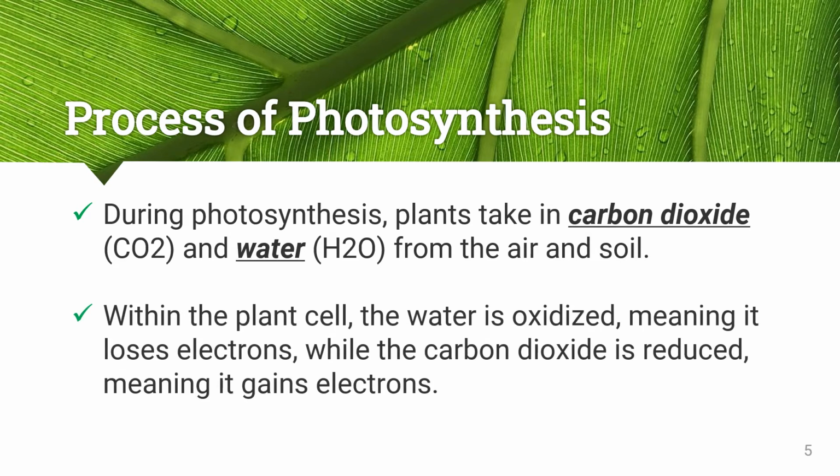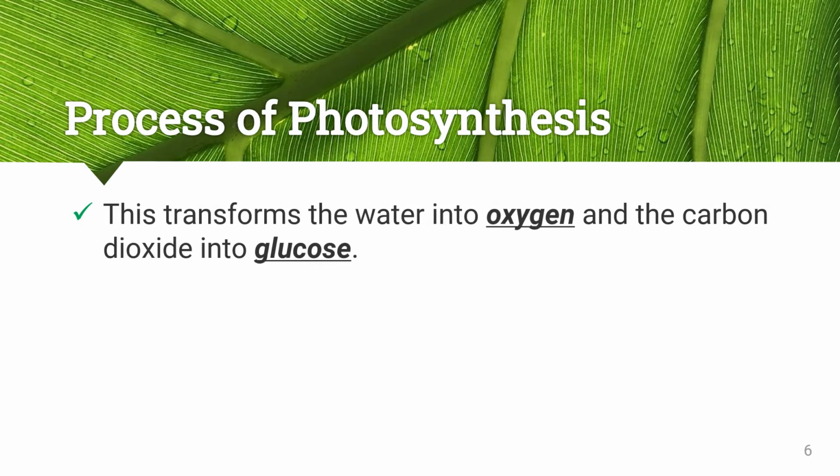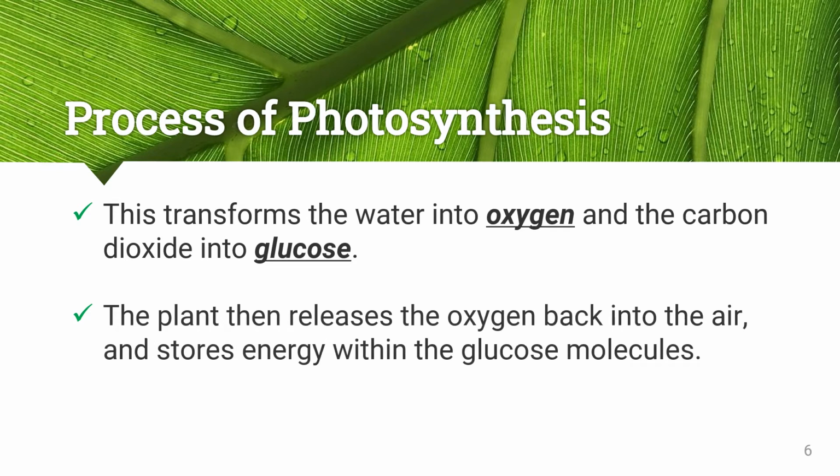Within the plant cell, the water is oxidized, meaning it loses electrons, while the carbon dioxide is reduced, meaning it gains electrons. This transforms water into oxygen and carbon dioxide into glucose. The plant then releases the oxygen back into the air and stores energy within the glucose molecules.